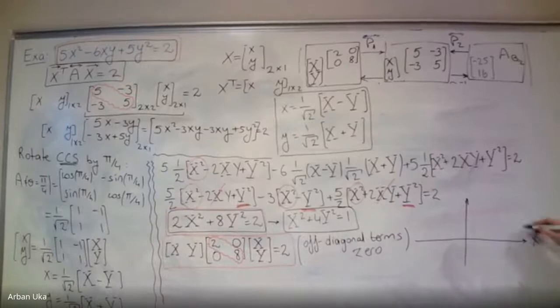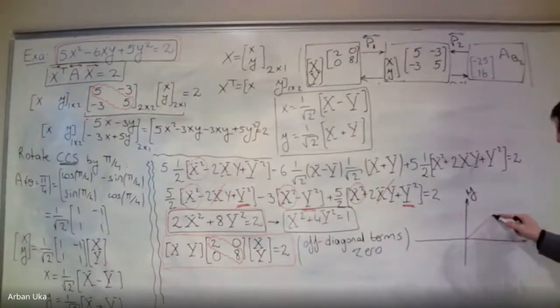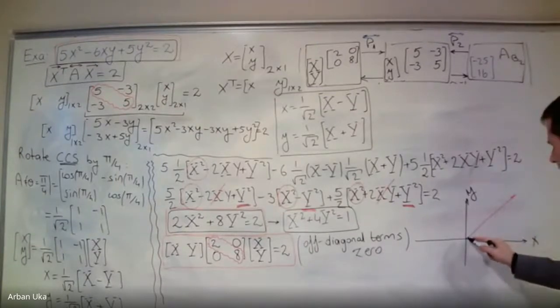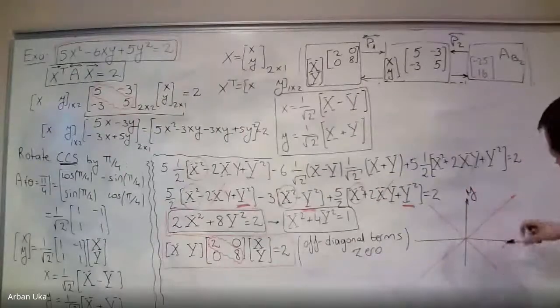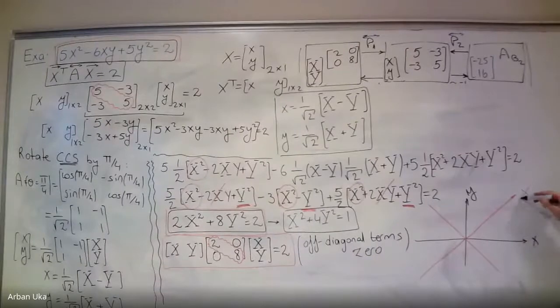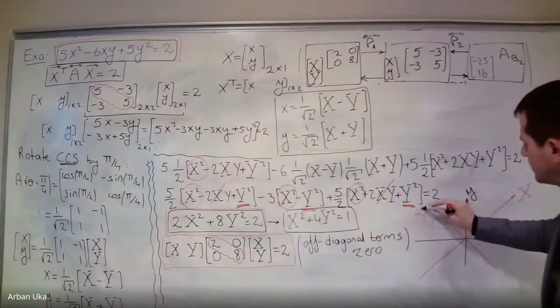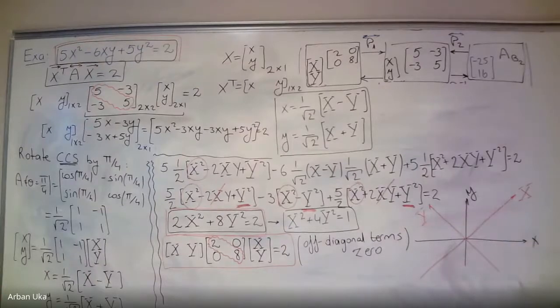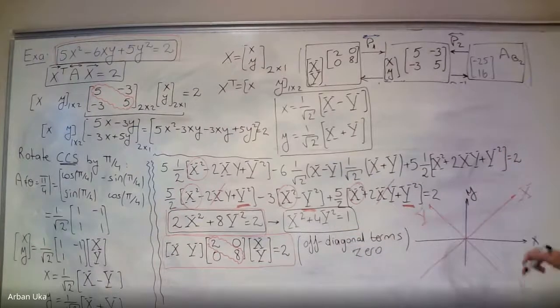Yes, okay. So we have here x and y, and the new coordinate system is going to be one which is rotated by 45 degrees. So this is our capital X, and this is our capital Y. In this new coordinate system, similarly to what we did before, if we assume that Y is equal to 0, what is X?